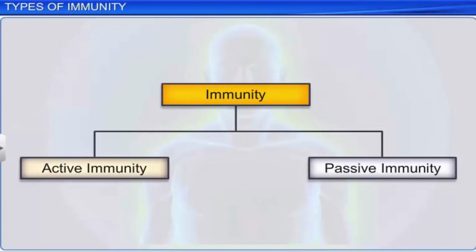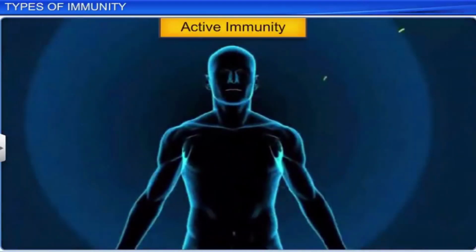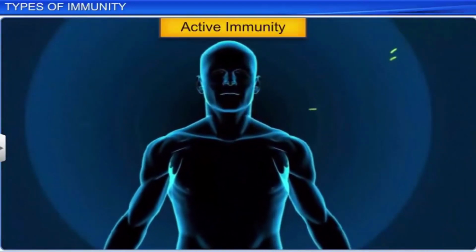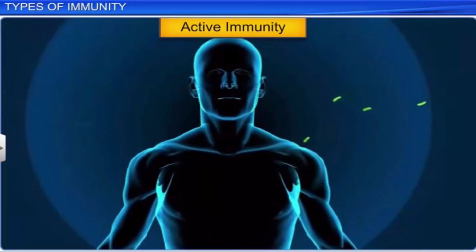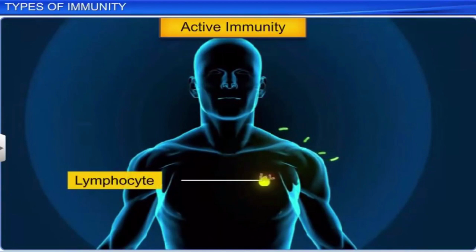Then again, based on whether the antibodies are produced inside or outside the body, immunity can be distinguished as active immunity or passive immunity. When the body is exposed to antigens such as living or dead microbes or other proteins, it produces antibodies in response. This type of immunity is called active immunity, which is slow and takes time to reach its full effective response.